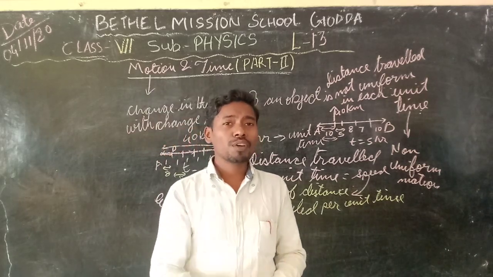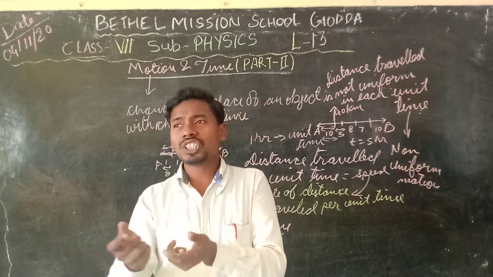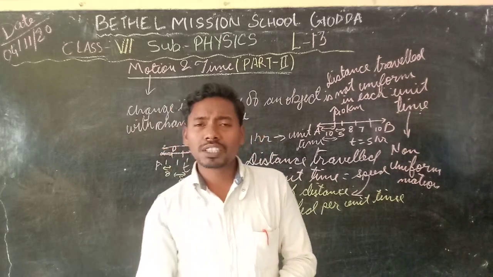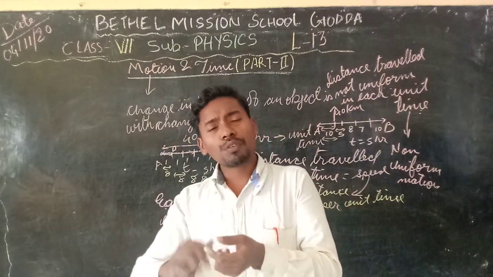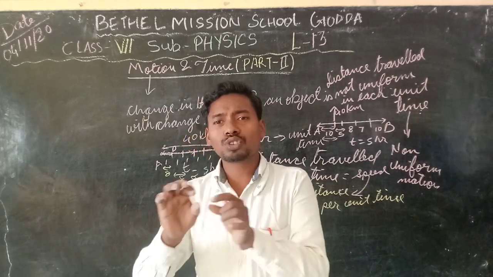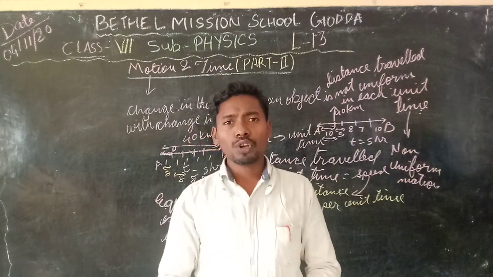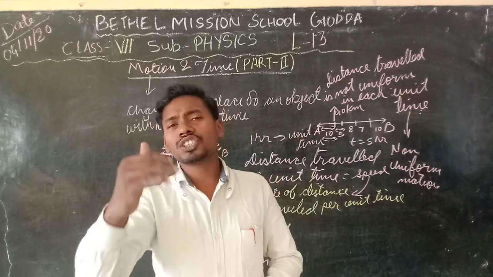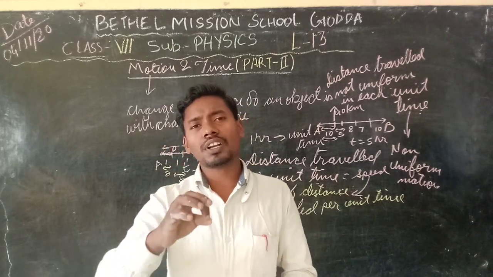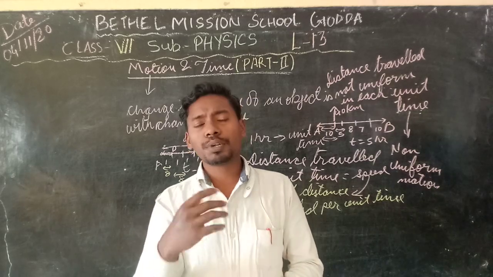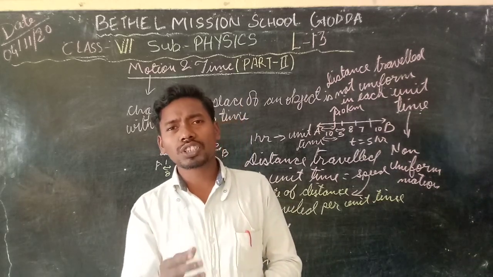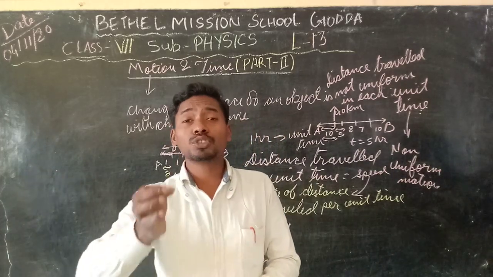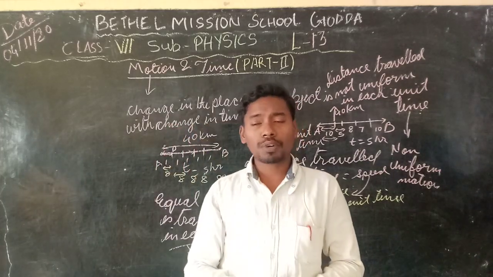Sometimes on the way you might see some shop. You might be willing to buy something, staying at the shop. So before reaching the destination, you stop at the shop. So your journey is not uniform. The distance traveled by you or the speed at which you go is not uniform. Sometimes it is 10 km per hour, sometimes it is 2 km per hour, sometimes you are at 0 km per hour.